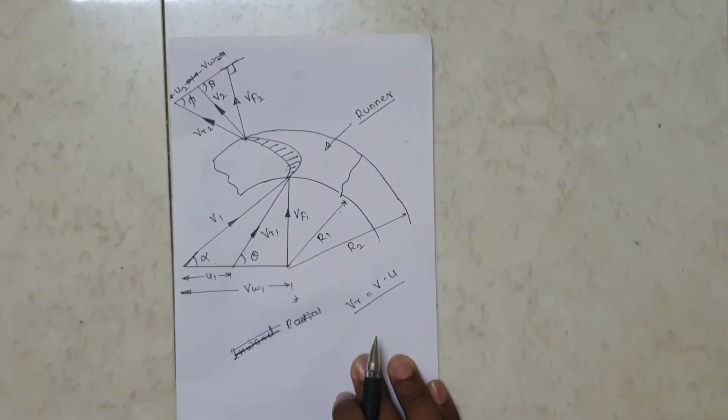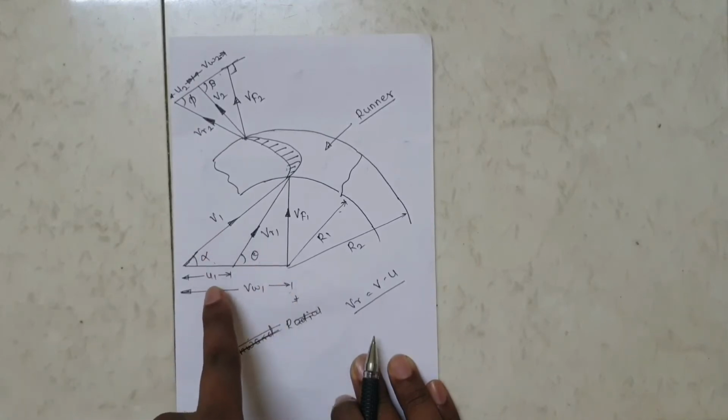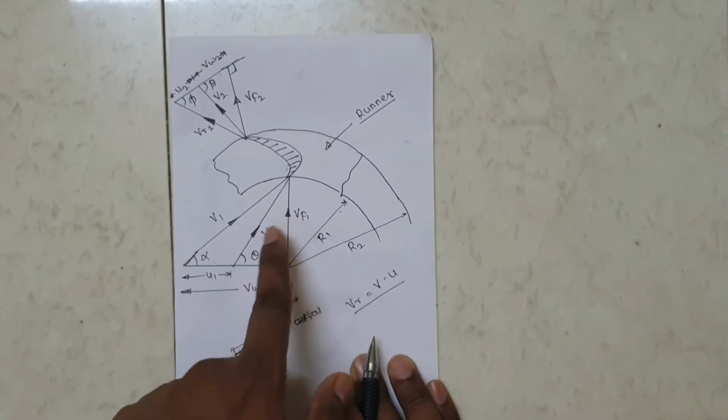That's why we take the horizontal component as VW1. And you know that the angle made by V1 is alpha, and the relative velocity is in between the absolute velocity and blade velocity. So the relative velocity is this.